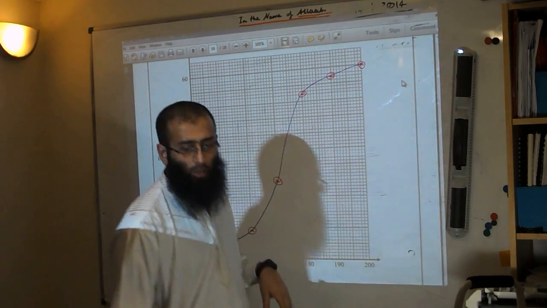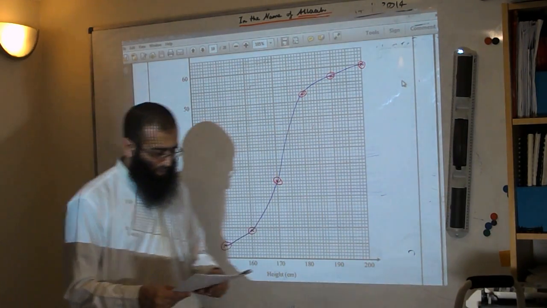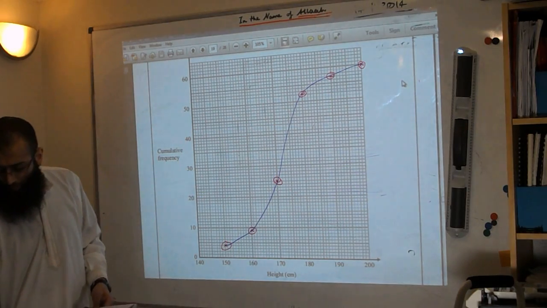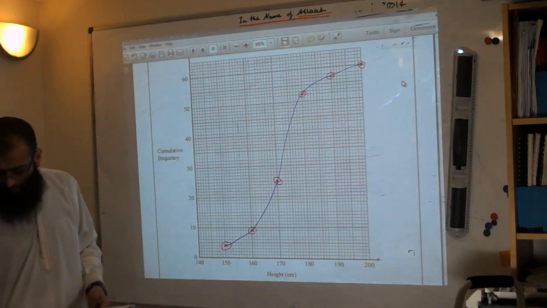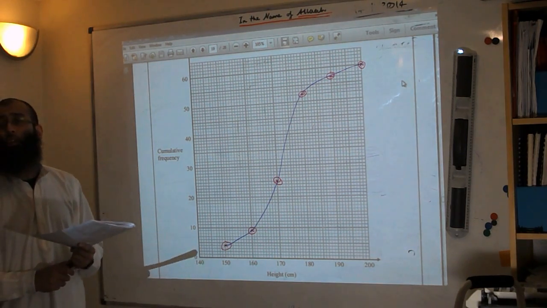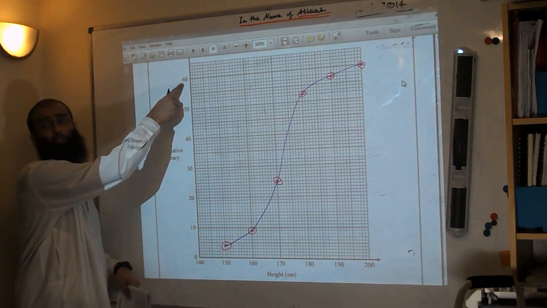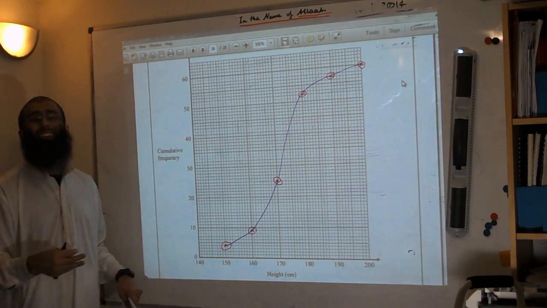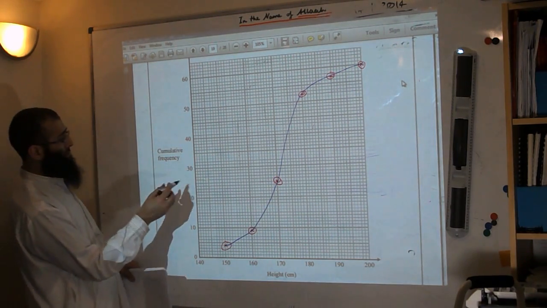Okay, folks, I can't move the graph now. I need to see the next part of the question. The question says find an estimate for the median. The median is the middle value, the 30th. So how many values did we have? 60. So we're looking for the 30th value, and the 30th value is there.